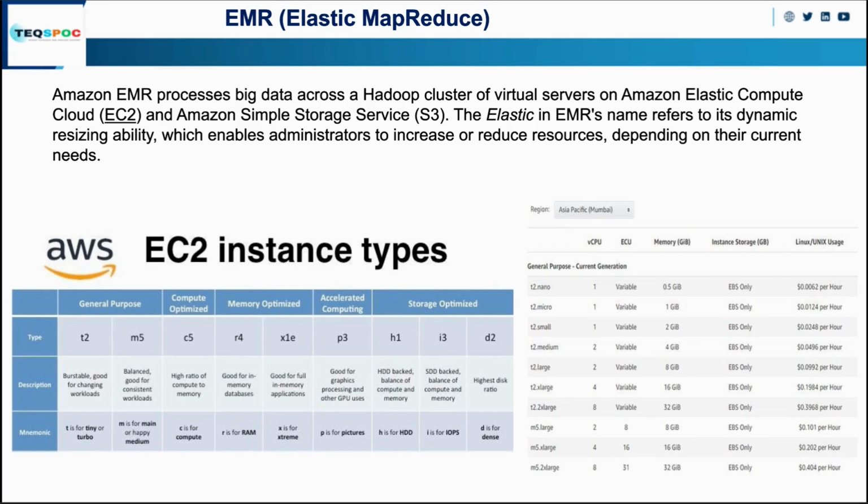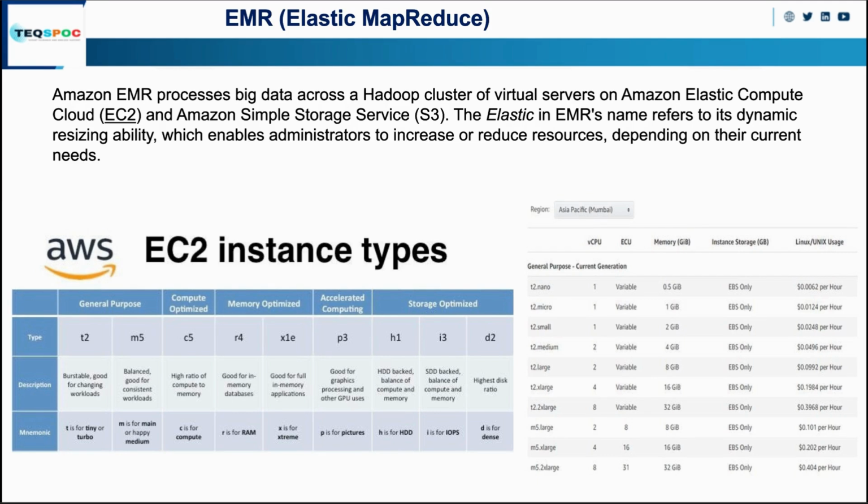So EMR under the hood is actually an ensemble of different types of EC2 instances. And EC2 itself is another service of AWS where you can create and also maintain a VM, that is a virtual machine. The only difference between EC2 and EMR is that EC2 will allow you to create one virtual machine and then you have to do all sorts of setups.